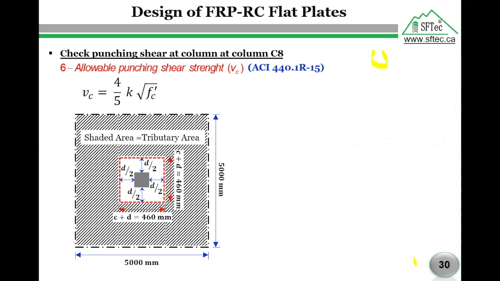So as I explained before, the Vf calculation method is the same in the ACI 440. The ACI 440 is using only one equation, as we see here, this simple equation for calculating the allowable punching shear stress. This equation mainly depends on two factors only. We have a factor called k and f'c.